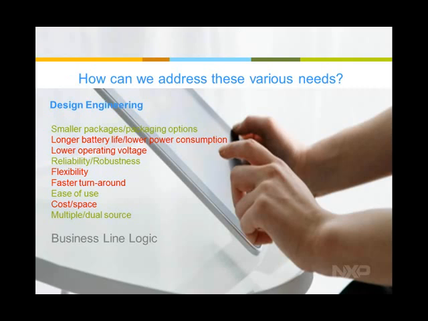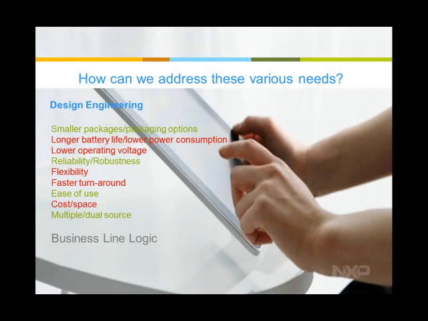Okay, now moving on to the needs of the design engineer. Apart from trying to get as much into the package, he is also focused on battery life, lower power consumption, and lower operating voltages, so that he can reduce the number of cells that are required.